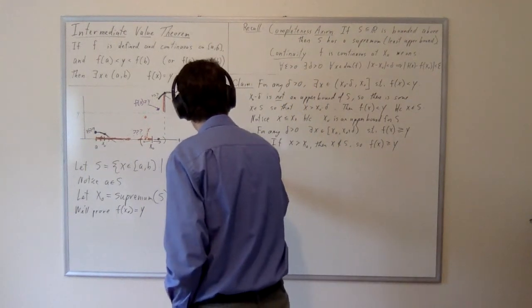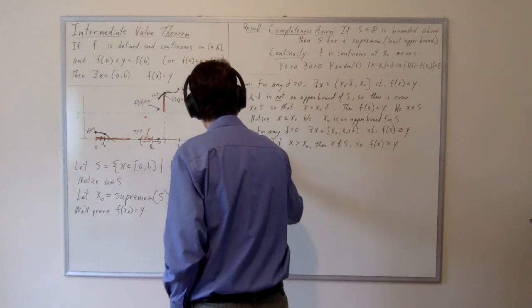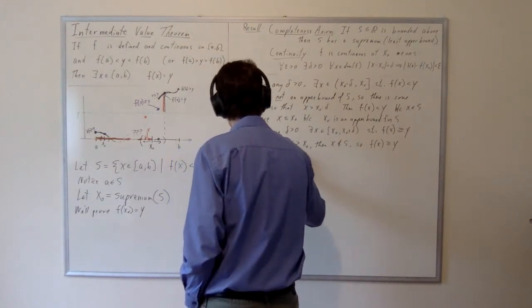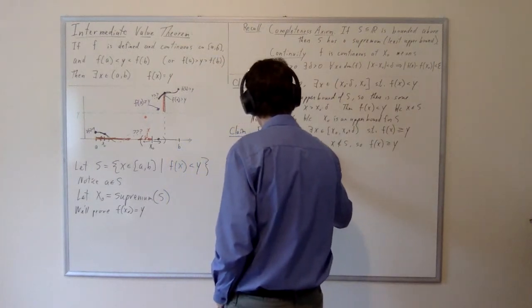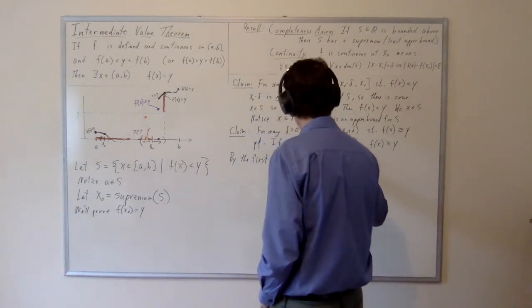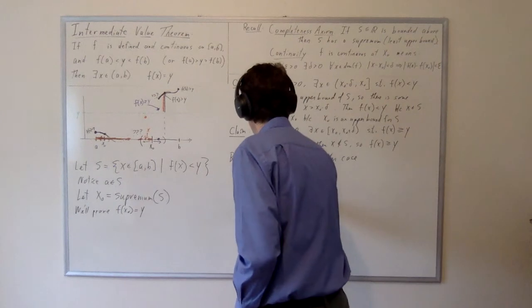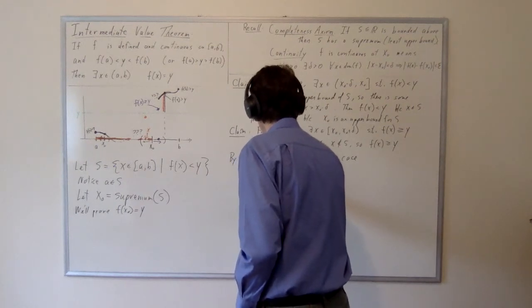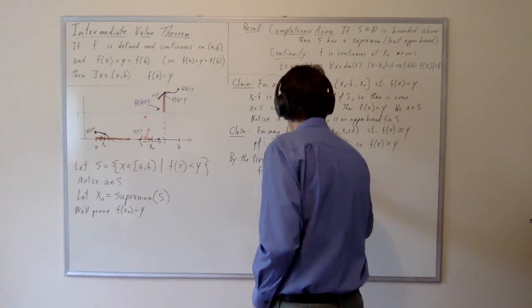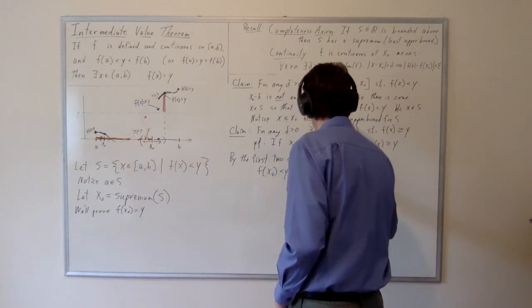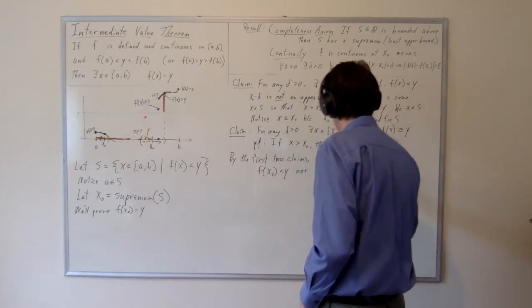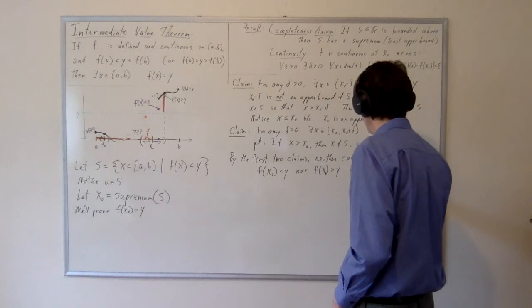So by the first two claims, neither case, f of x naught less than y, nor f of x naught greater than y, is possible.